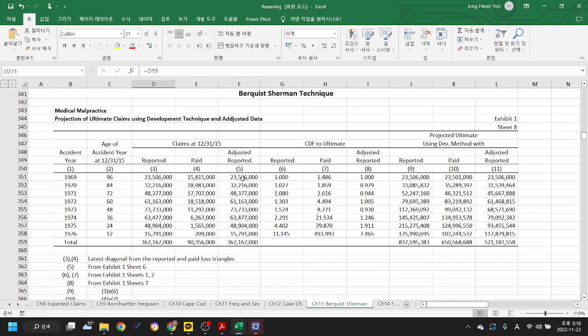And I took it from the adjusted reported claim triangle. I got this number. The total is the same as this one. But the cumulative development factor, loss development factor to ultimate, the original unadjusted reported claim triangle, and this is the paid loss triangle. Adjusted reported like this, plus smaller.